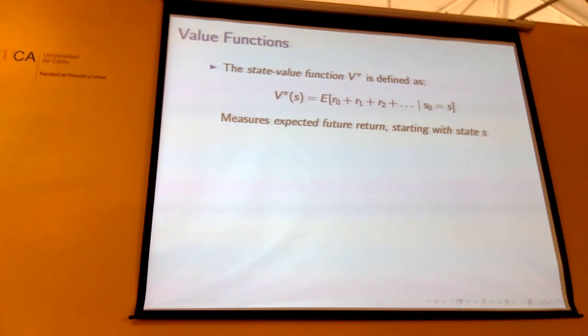So first we're going to define this state value function. That tells you the goodness of a state. And formally it's just defined as the expected sum of rewards, given that your first state is S. So value of S is just the expected sum of rewards, given that the first state is S.